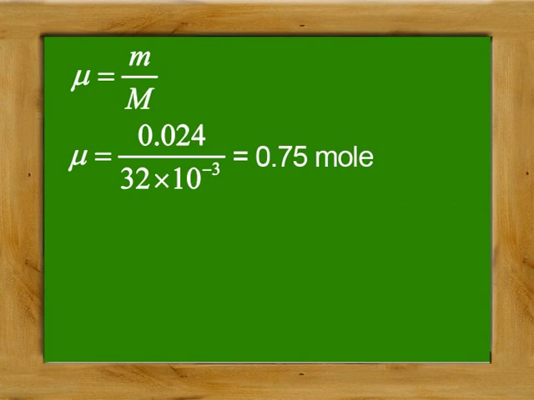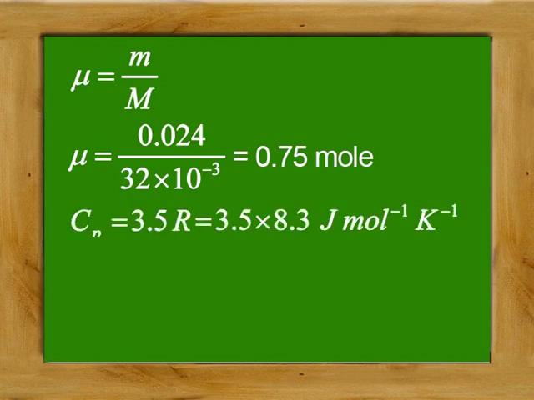Then the molar specific heat of oxygen at constant pressure, Cp, is equal to 3.5 R, or is equal to 3.5 into 8.3 joule per mole per Kelvin.